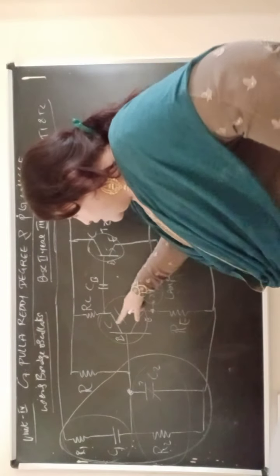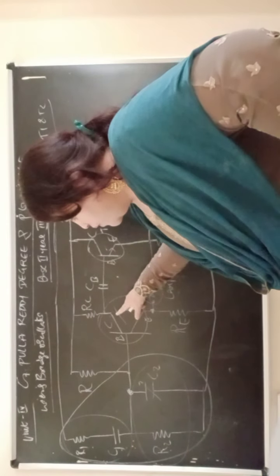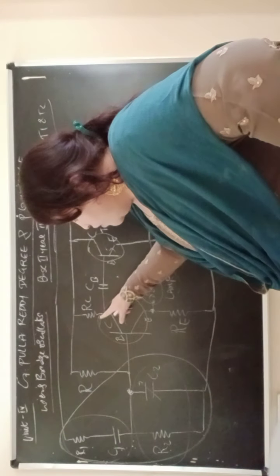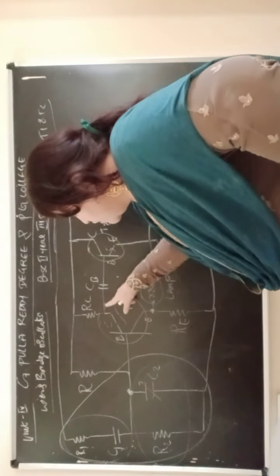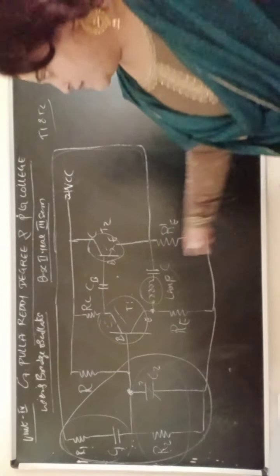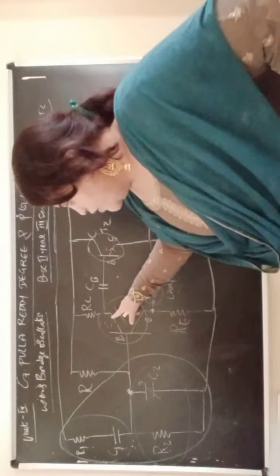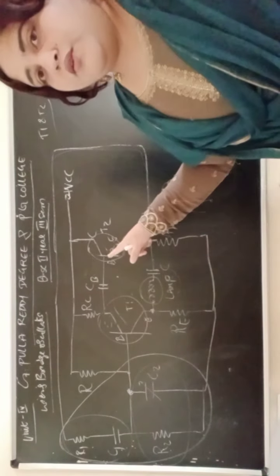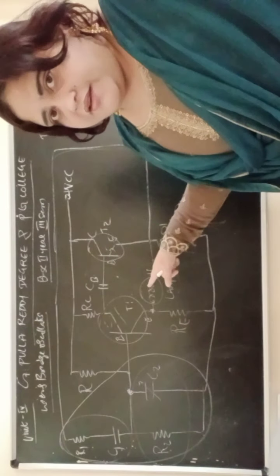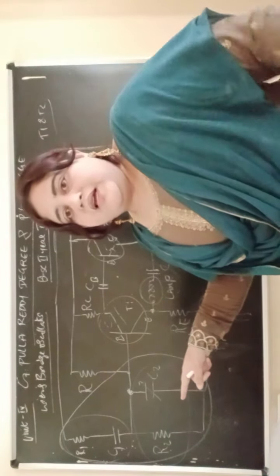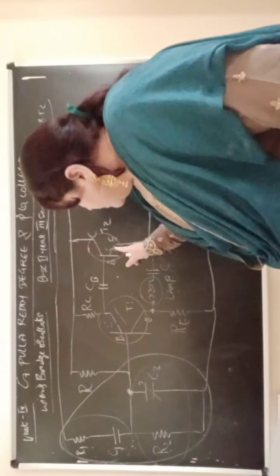current will start flowing in these two parts. The input of the second transistor is coming from the output of the first. The output of the first transistor is going as an input to the second.